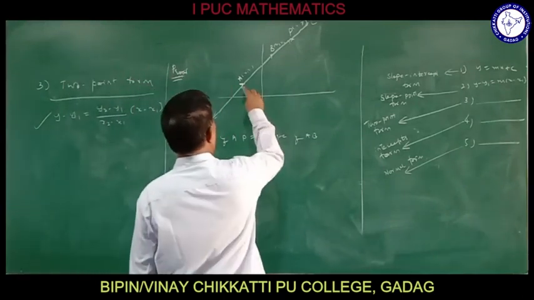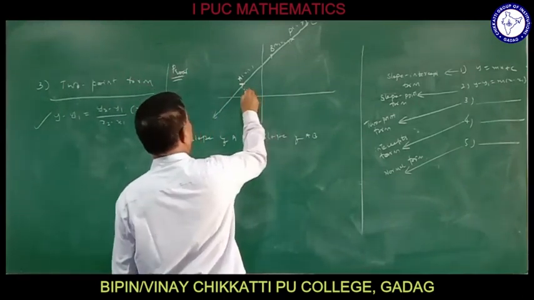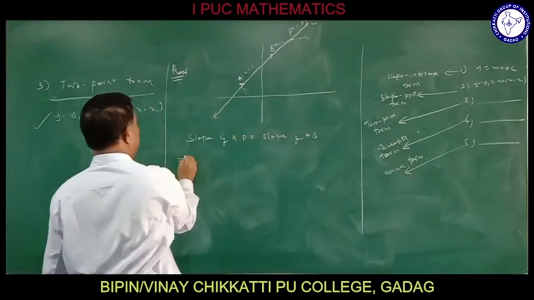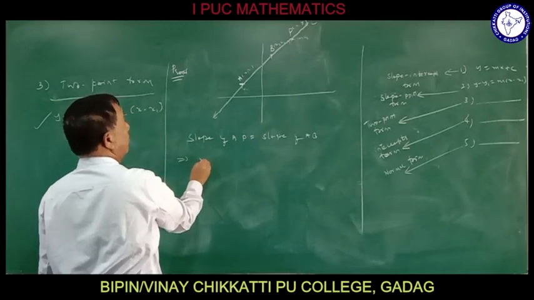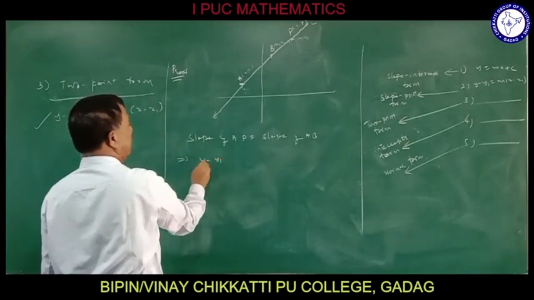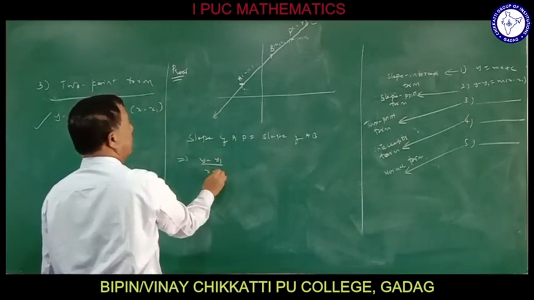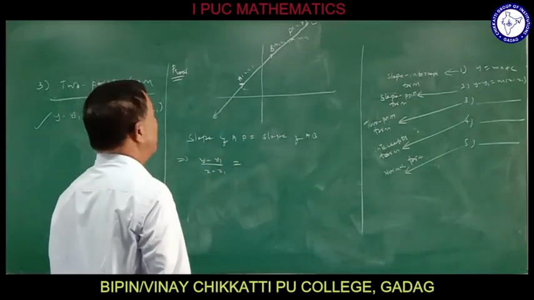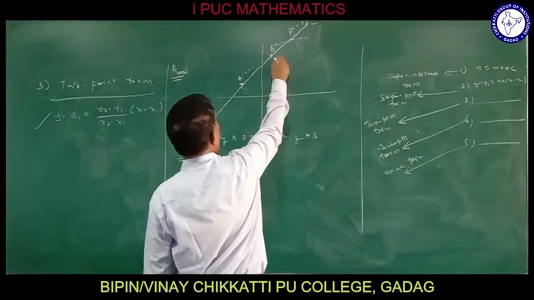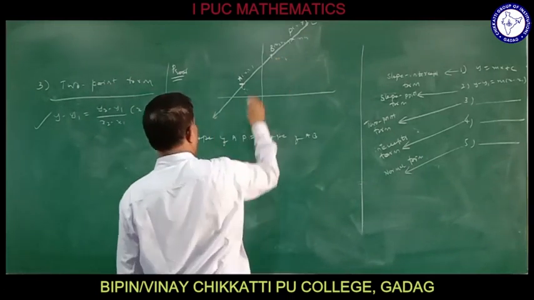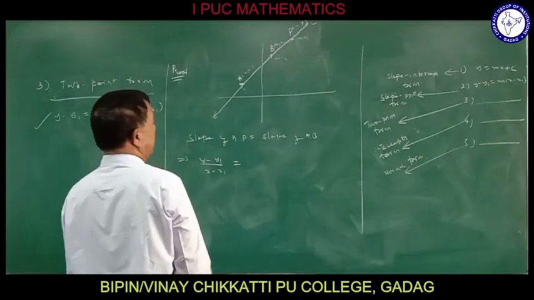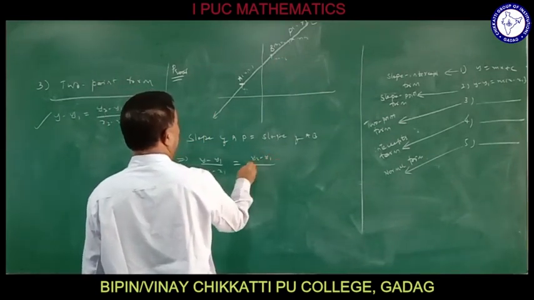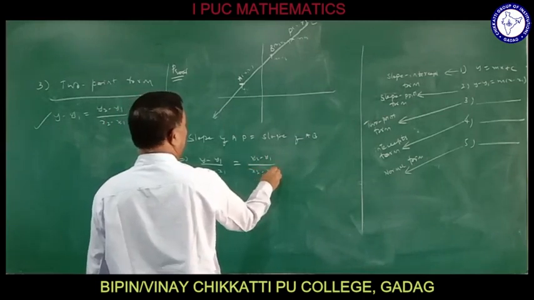Where is AP? Here. This is x1, y1 and this is x2, y2. For AP, what is the formula? y minus y1 divided by x minus x1 is equal to. Now the slope of AB: this is x2, y2. What is the formula here? y2 minus y1 divided by x2 minus x1.